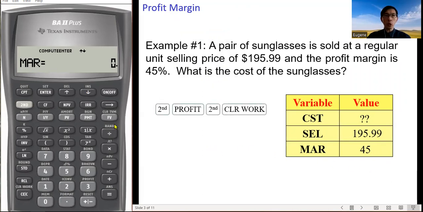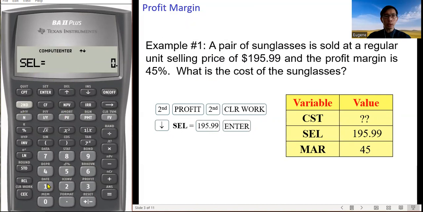Activate the profit margin worksheet by pressing second, and then profit, which is the number 3, and then clear the previous work by pressing second and then clear work. We can start the input. The variable CST, we need to compute it. So we skip that by pressing the down arrow to the next variable SEL.